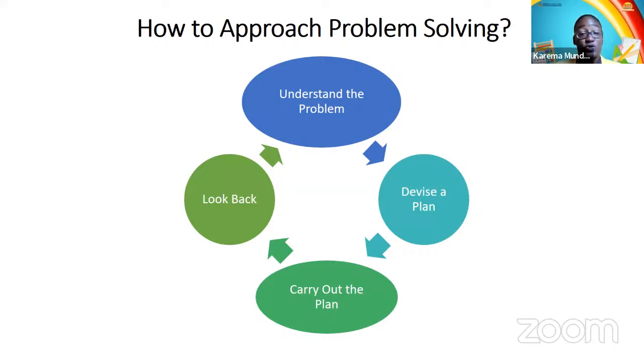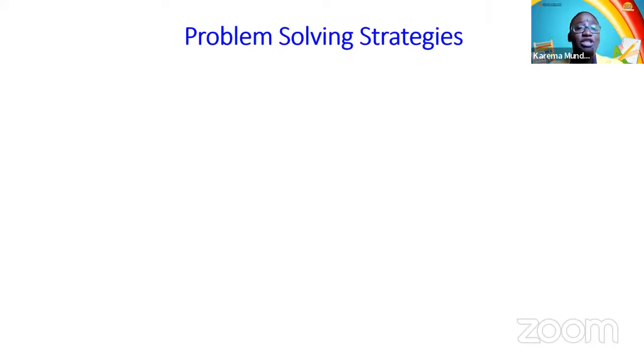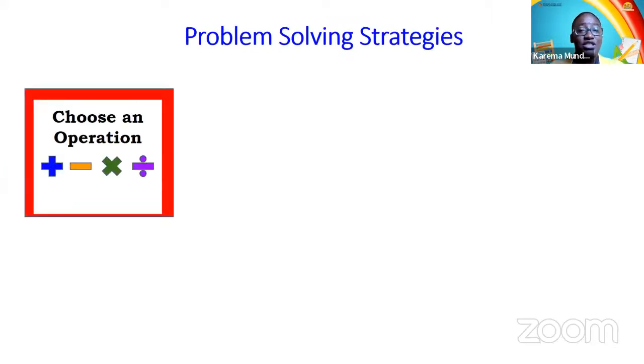And of course, if you notice that it's not, then notice the arrow goes right back to understand the problem. It means that something is off in what you thought the question was asking, all right? And so you have to go back now, reread the question and ensure that you understand what it is that you are being asked, all right? So that's the approach.